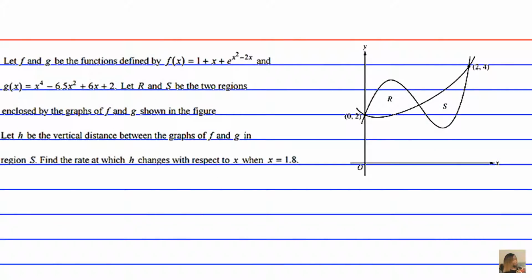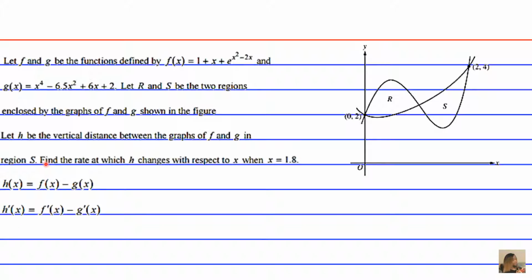All right, so now that we've taken that long detour, let's get back to the original question, and that's analyzing the rate of change of h at 1.8. x is equivalent to 1.8, which is approximately somewhere over here. So we already established that h would have to be f of x minus g of x for the region S, because that's the region that we're concerned with.